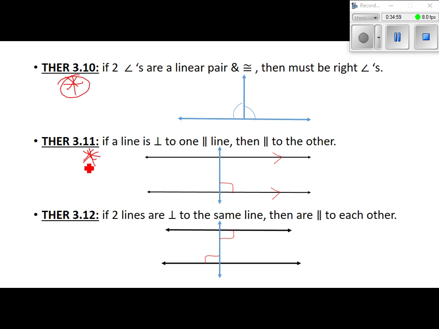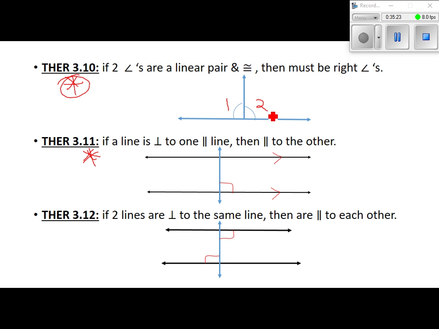On the first one, it says, if two angles are a linear pair. What does it mean if two angles are a linear pair? They make a line. So if we have two angles and they make a line, which these two angles, angle 1 and angle 2, do, and we know that they are congruent.